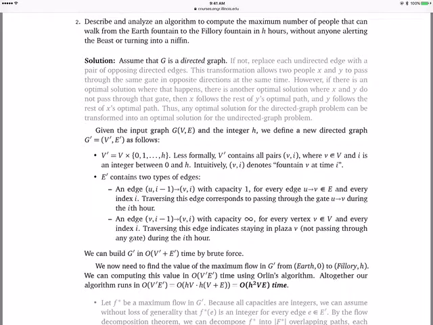Going through a gate, that edge has capacity 1 because only one person can go through that gate at that time. But the capacity of the edges where you stand still is infinite because there are no constraints on how many people can stand around the fountain. And then it's a maximum flow from Earth at time 0 to Fillory at time h.